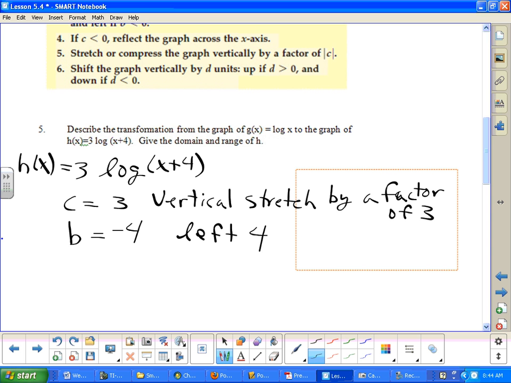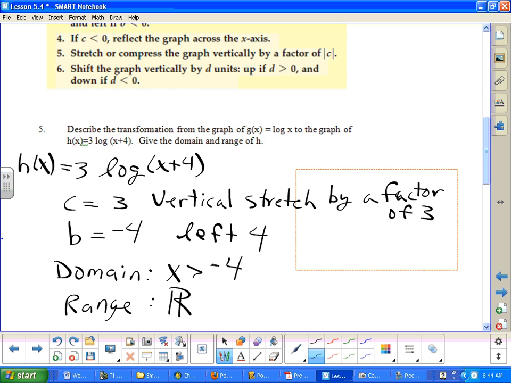So it's going to stretch it vertically by a factor of 3 and move it to the left 4, which changes the domain. Instead of the domain being greater than 0, the domain is now going to be greater than negative 4 because we moved it 4 units to the left. So our domain, x is greater than negative 4, and our range is still all real numbers.